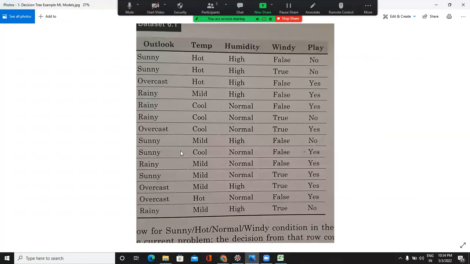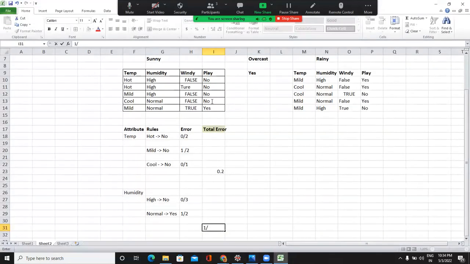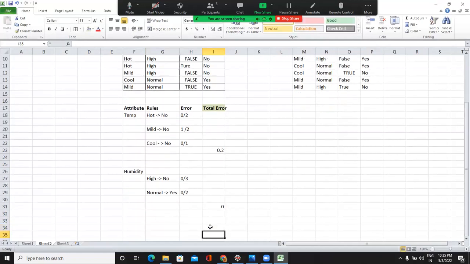Sunny, yes. Okay, the last two sunnies are yes, and the first three sunnies are no. Even better, if we now choose normal yes, then we will not be wrong anytime. So total error is actually 0 in this case, 0 divided by 5.